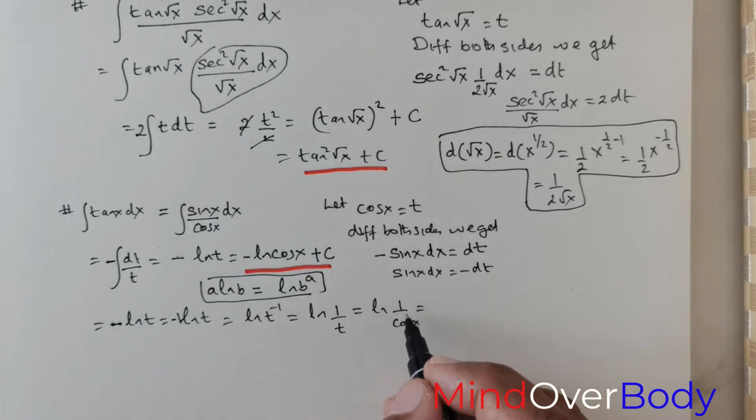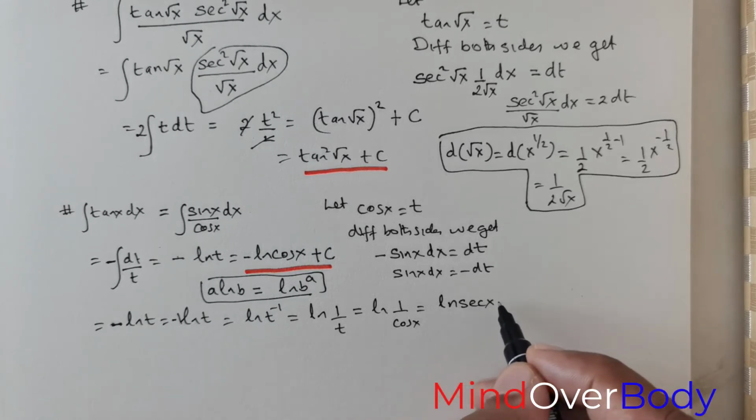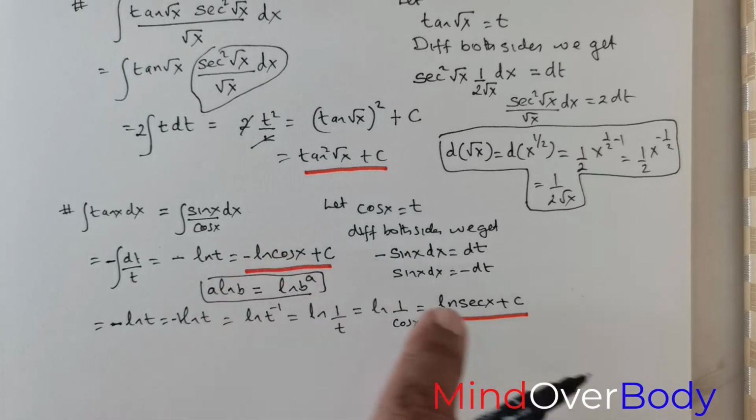Since 1 over cos x is secant x, it is going to be ln of secant x, plus an arbitrary constant c. So this is the second result which you will have to know. So there are two representations.